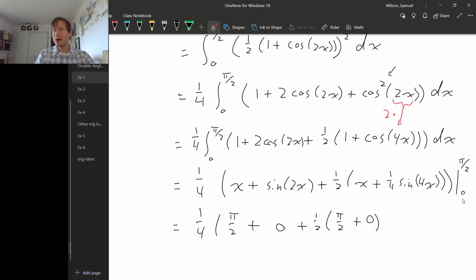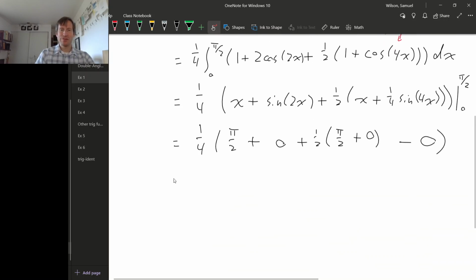And when we plug in our bottom bound, 0, everything gives us 0. So it looks like altogether we have, let's see, pi over 4 plus pi over 2 is 3 pi over 4, times 1 over 4 is 3 pi over 16. I hope I did that arithmetic right.